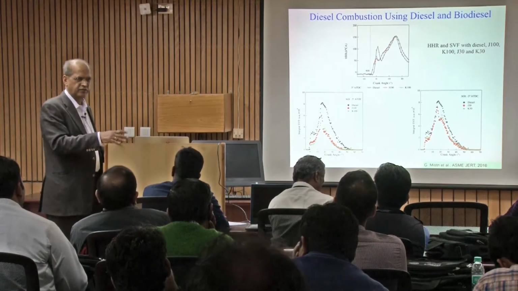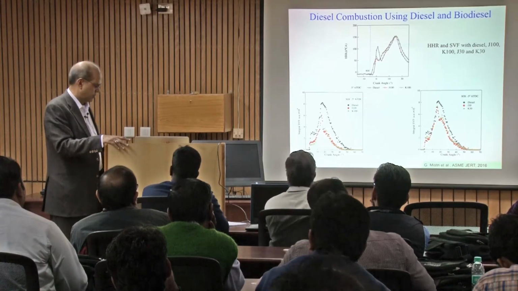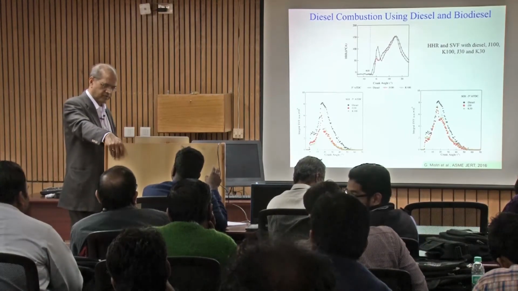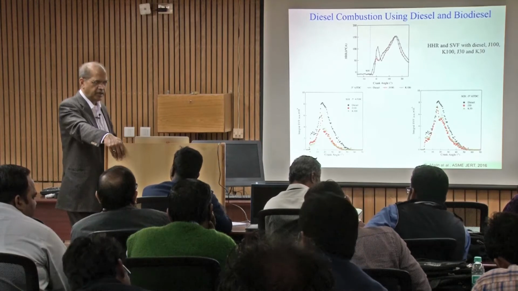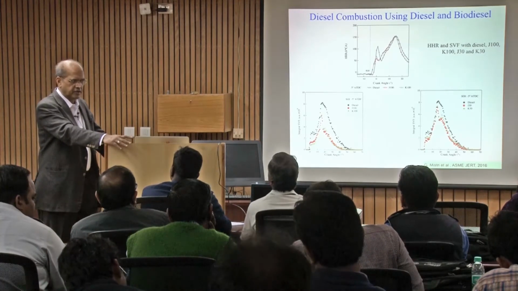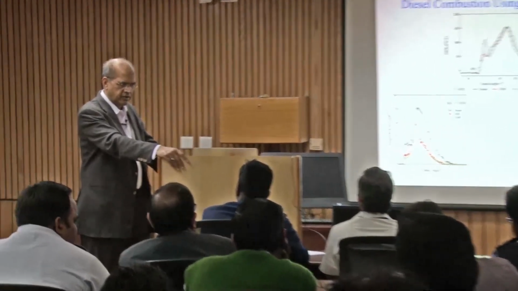Late injection, less soot, more NOx. Rather, if you are able to decrease the average temperature at which heat is released a little bit, you can do that by controlling injection, but also by using EGR.